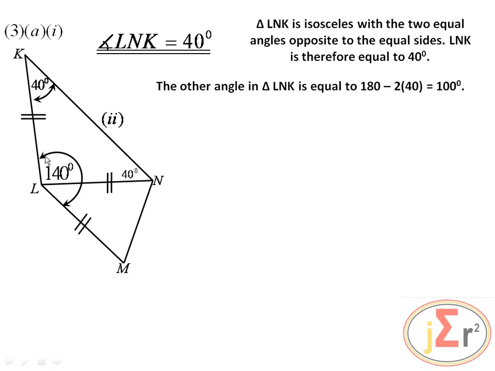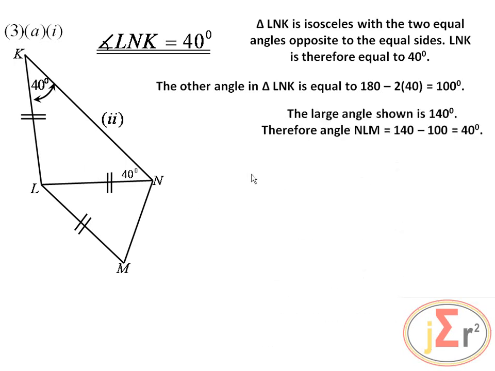The angle that we have right here is 180 minus 2 times 40, and of course 2 times 40 is 80. So 180 minus 80 is equal to 100. So 100 degrees. Of course, this one that comes right here is 100 degrees. But the one that we are required to find is this one.